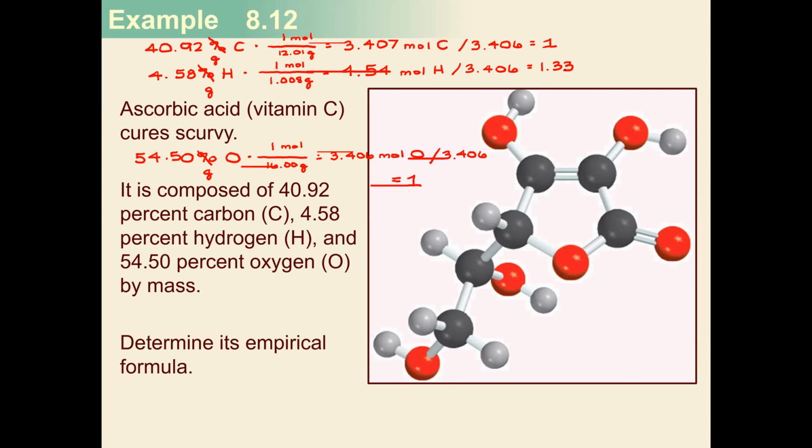So now what happens in here is that some people are going to write an empirical formula of carbon, hydrogen with a 1.33, and an oxygen, and they think that is an empirical formula. However, it is not. An empirical formula must have integer values.